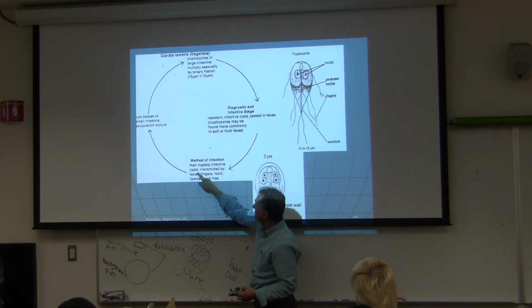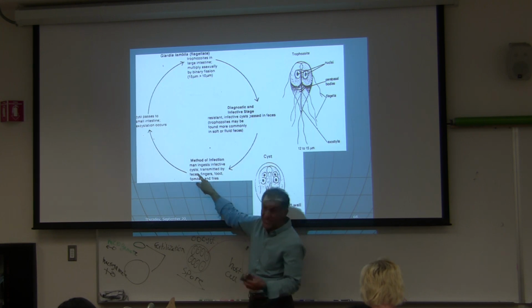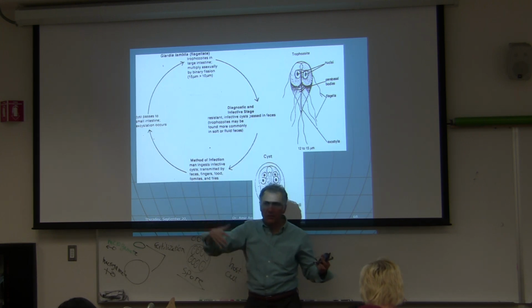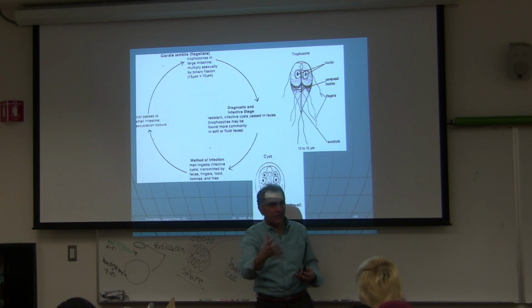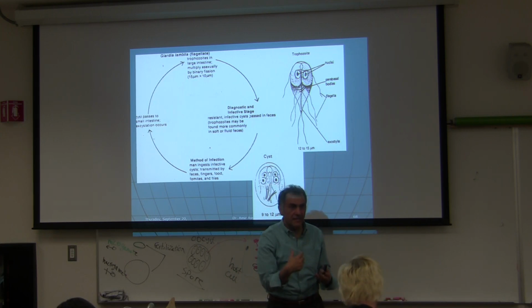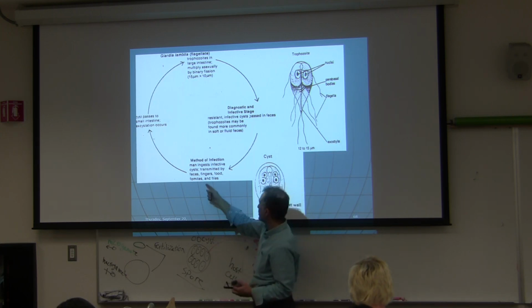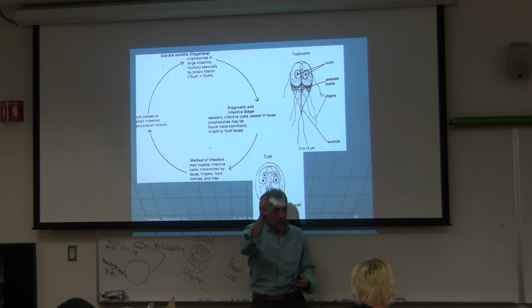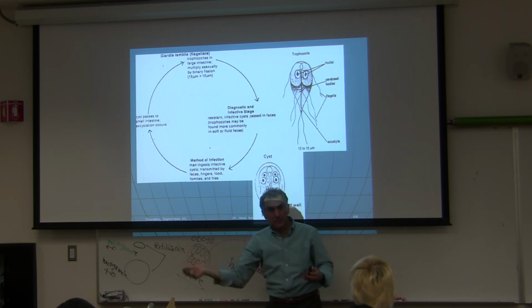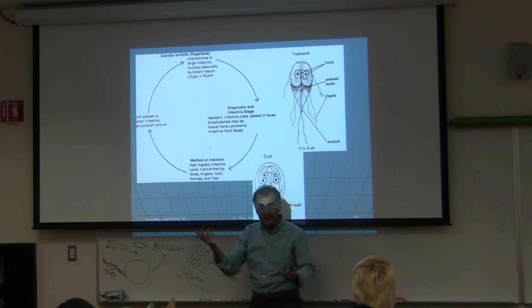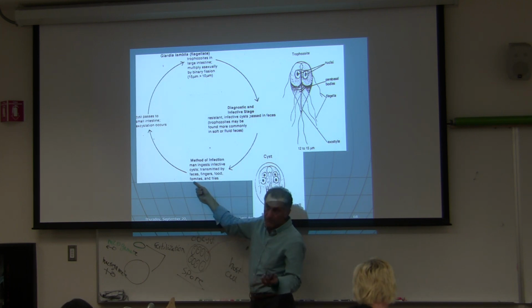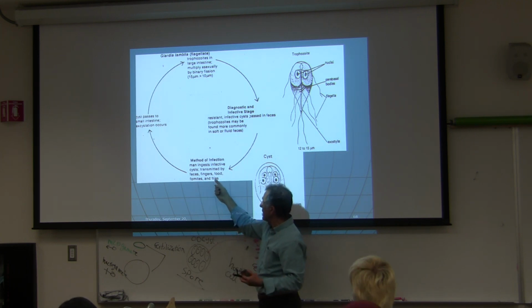Man ingests the infective cyst transmitted by feces, accidental. I mean, nobody goes and grabs somebody else's feces and eats it. I'm saying accidental fecal infection, fingers, right? Somebody does something and they put it in their mouth. That's horrible. But food, fomites, and flies.